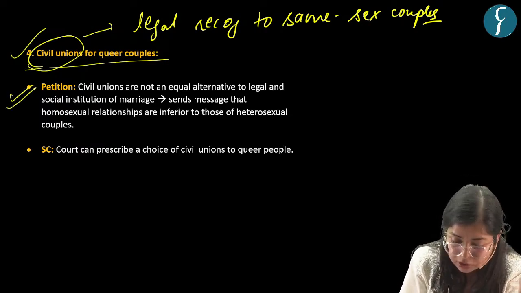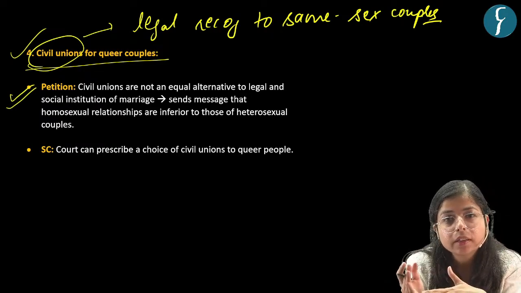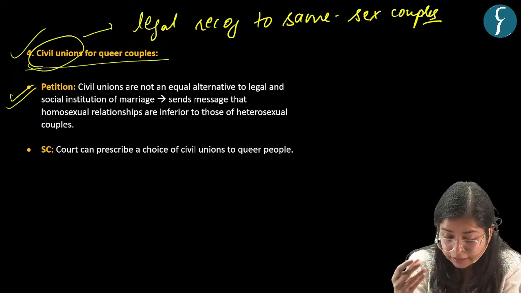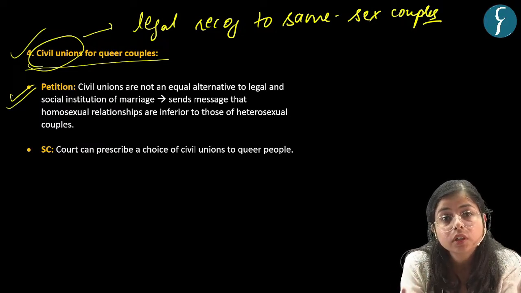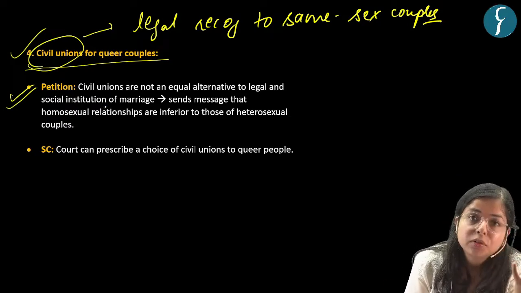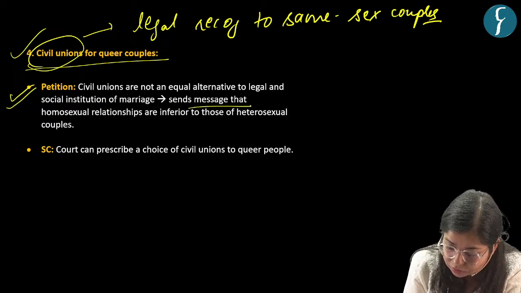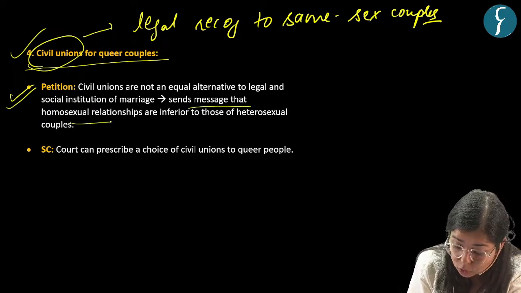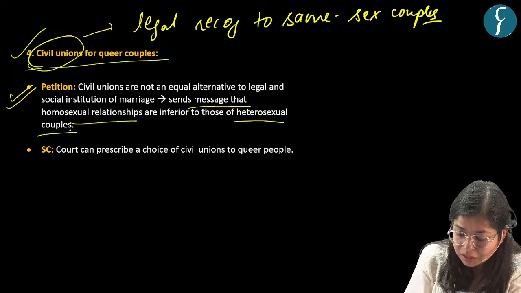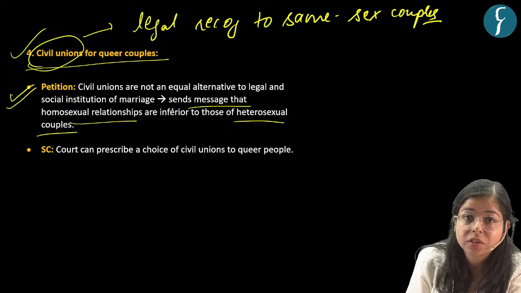Now, what was the petition? There was a question regarding whether a civil union could give some legal recognition to transgenders, and whether it can be given to queer couples. But the LGBTQ community was of the opinion that this would send a message that homosexual relationships are inferior to heterosexual couples, because civil unions are not an equal alternative to marriage, right?